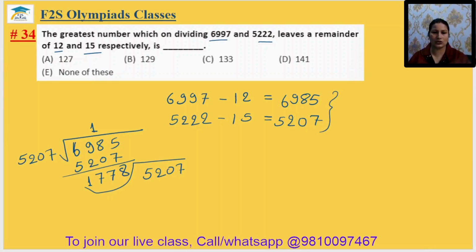Multiply by 3, just check. 1778 threes are 5334, which is more. So let's go with 2 times. 1778 multiplied by 2 is 3556. 3556. 1, 5, 6. Okay.